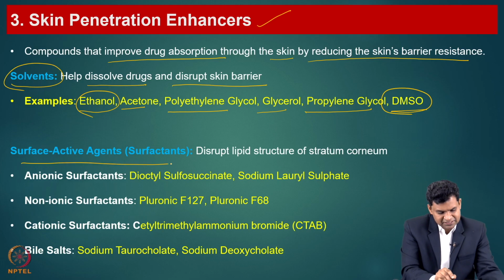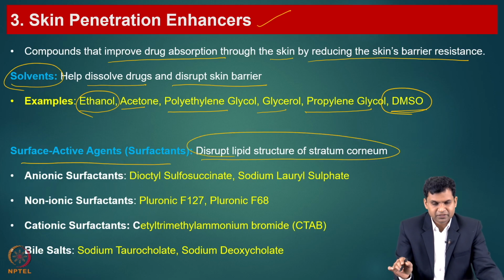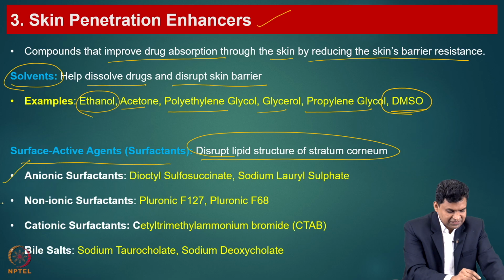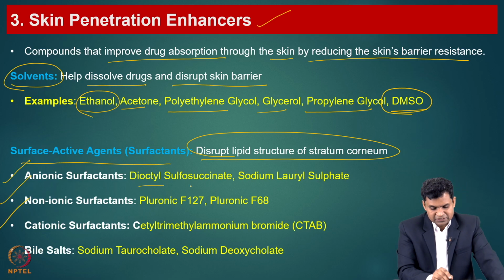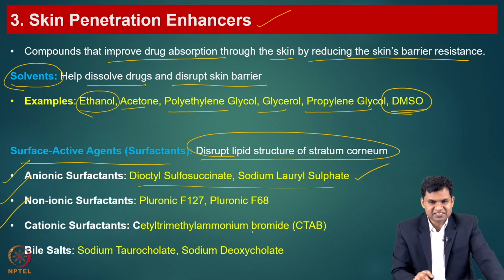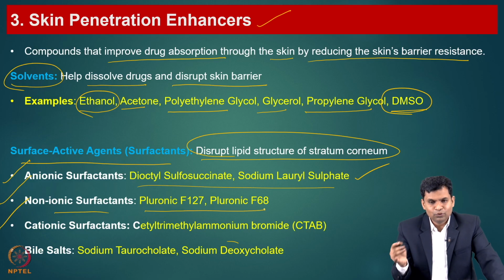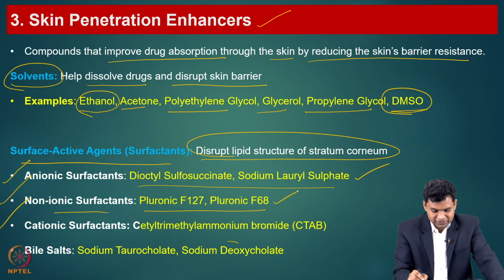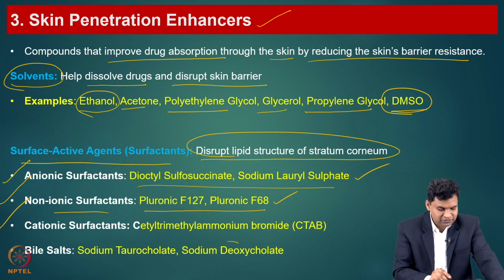Now, the second class is surface active agents. They disturb the lipid structure of the stratum corneum. As we know, surfactants are classified into various categories. Anionic surfactant: the best example is sodium lauryl sulphate, SLS. Non-ionic: poloxamer or pluronic F68, F127, and we can also recommend Tween 80 and Tween 20 formulations.